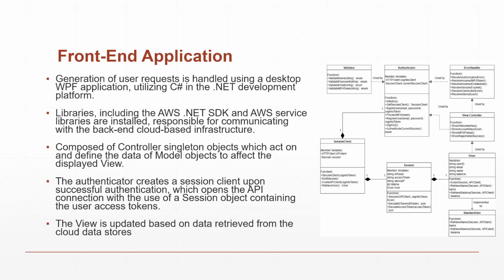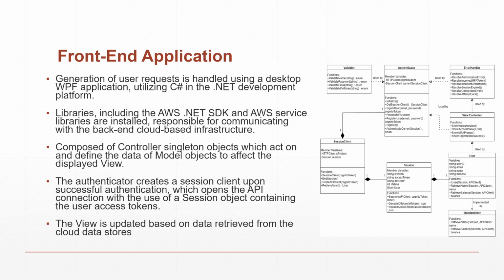And our architecture is composed of controller singleton objects, which act on and define the data of model objects. So the controller objects are the authenticator and view controller, for example. And the model objects would be sessions, session clients, and users.